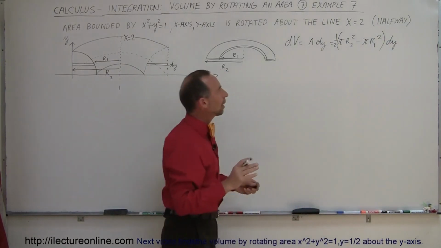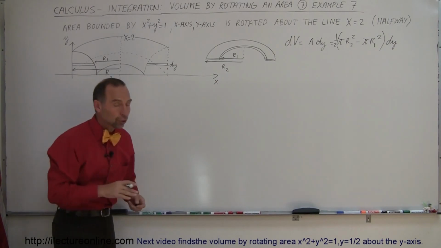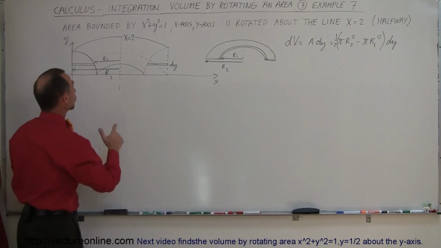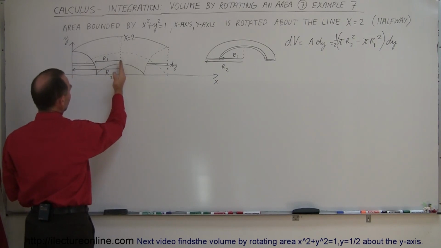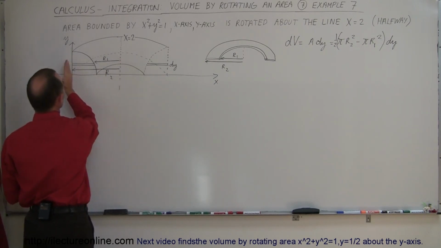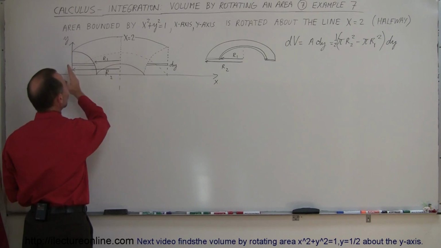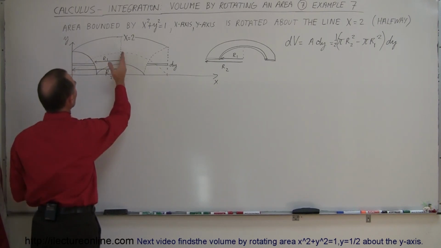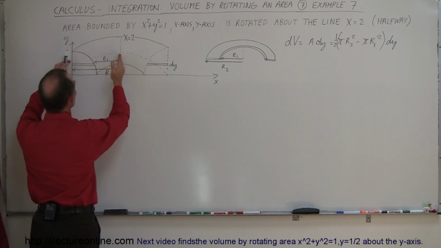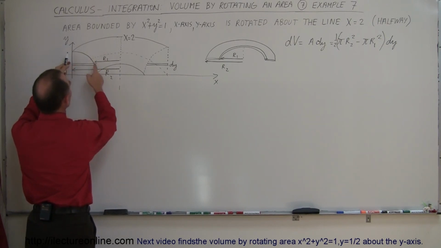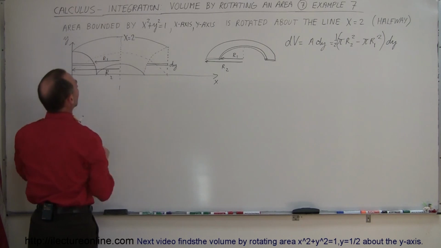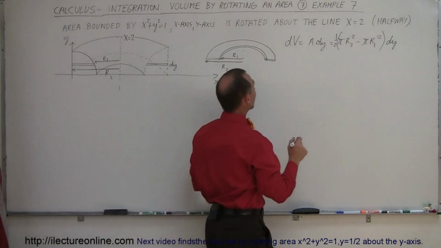And then we're going to substitute into R1 and R2 what they are equal to in terms of x and y. Now R2 is actually the easiest one. R2 will go from this point to that point, which is exactly 2. So that's easy. And R1 would be equal to the full distance 2 minus this distance, which would be the x distance from there to the equation x squared plus y squared equals 1.